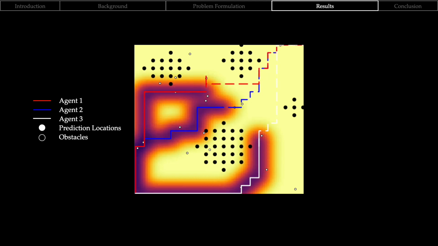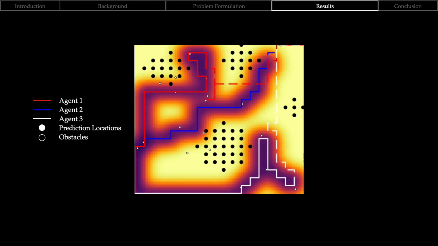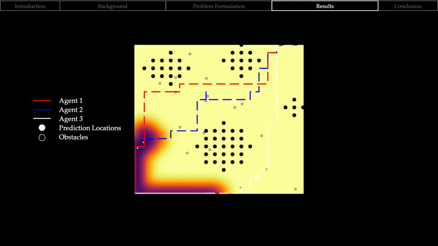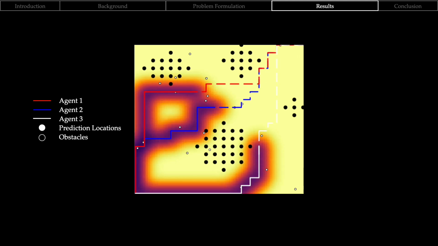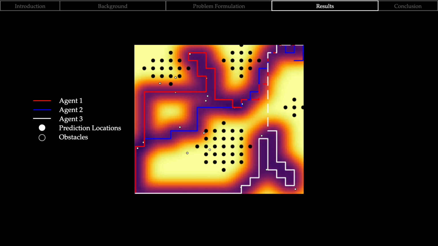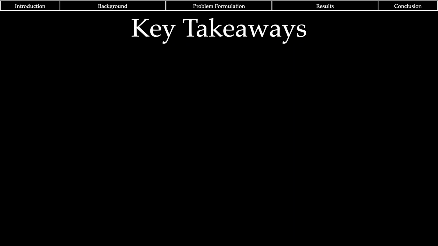And to give you a sense of planning time, to plan a single action for each agent here is taking fractions of a second. To plan the total path, so all of the actions for all of the agents together, took about 5 seconds to plan. So we can do this fairly efficiently in this multi-agent setup using our approximate method.